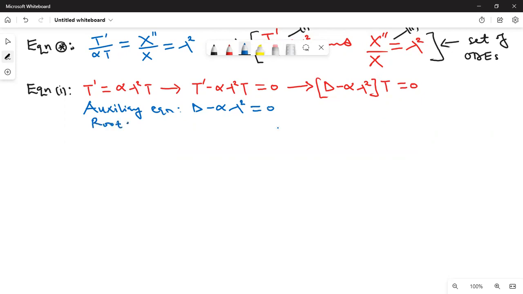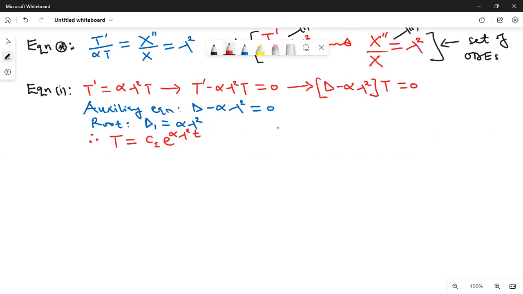It's just one root, d1 is equals to alpha times lambda squared. So what about the solution? Therefore our solution t will be equal to, remember these are real roots, so an arbitrary constant C1 times exponential alpha times lambda squared t.